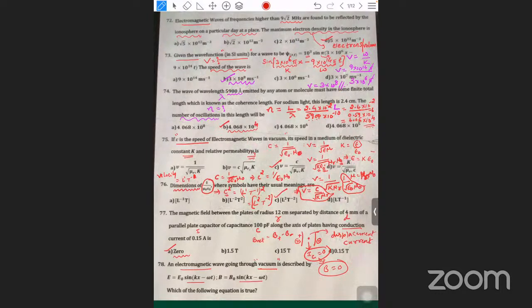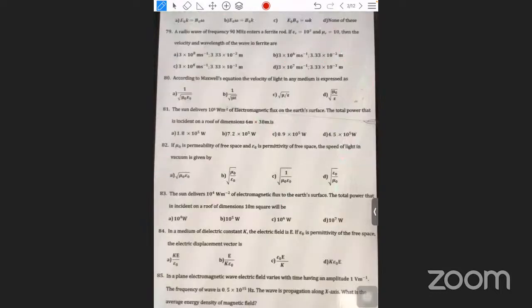Now you have to find the relation between the two waves of the electromagnetic waves, one due to the electric field and the second due to the magnetic field, both existing in vacuum. Which of the following is true?